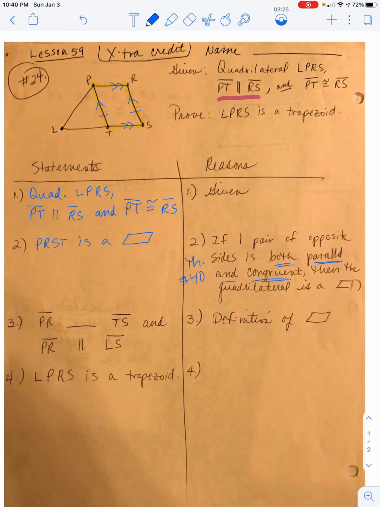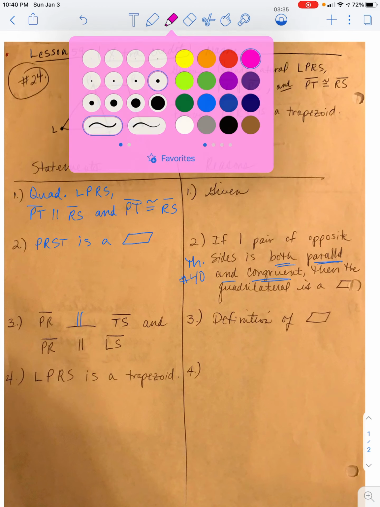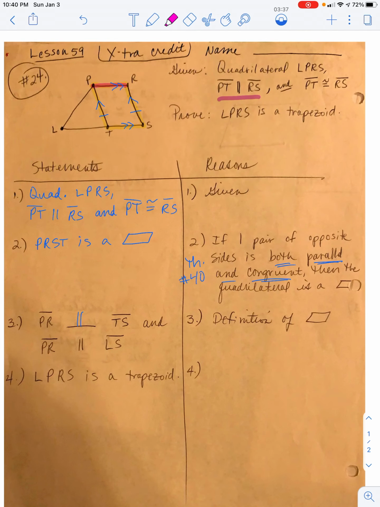So we're going to write that in here. PR and TS are parallel, which also then would make PR, let me do this one now in a bit of a different color, parallel to this whole line LS. And that's what you see written right here.